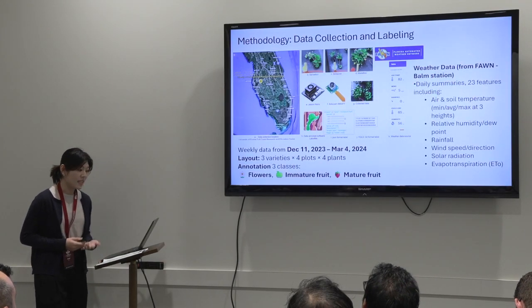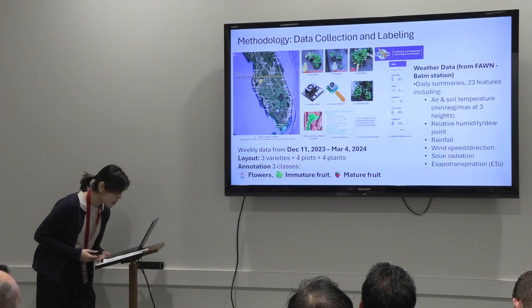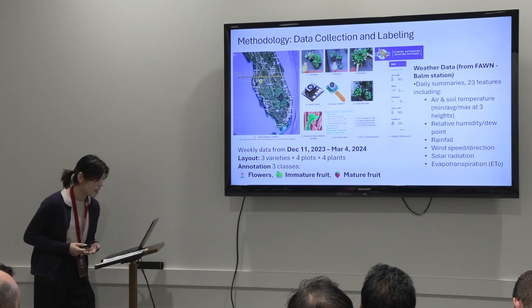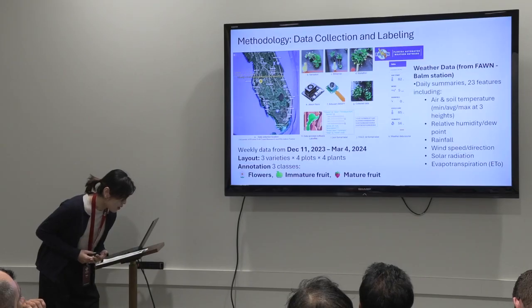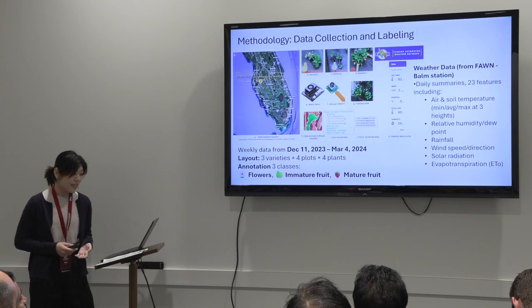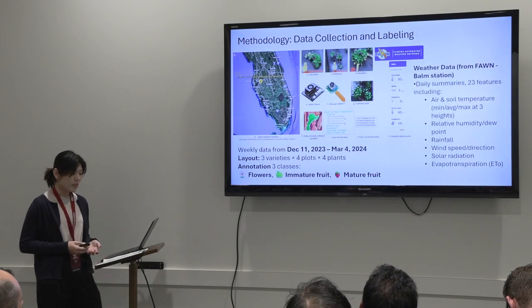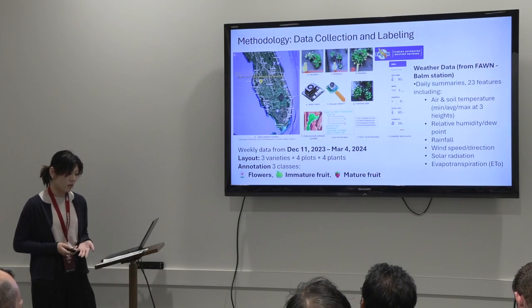Okay, here is our data collection and labeling. We collect our data from the University of Florida Gulf Coast Research and Education Center, from December 11th, 2023 to March 4th, 2024.